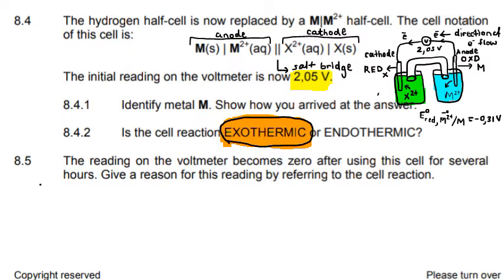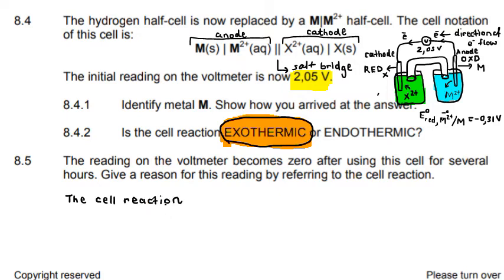Okay, so the reason for this is because the cell reaction. What we're basically saying by the cell reaction is we're talking about these oxidation-reduction reactions that are occurring over here. Those have now reached equilibrium. That's basically going back to what we learned in chemical equilibrium. So for the cell reactions, don't make the mistake of saying they've stopped.